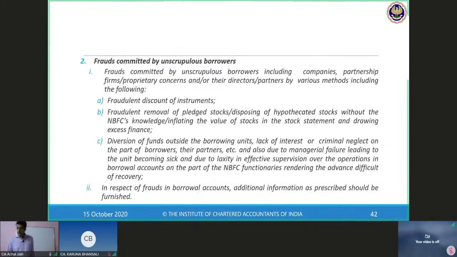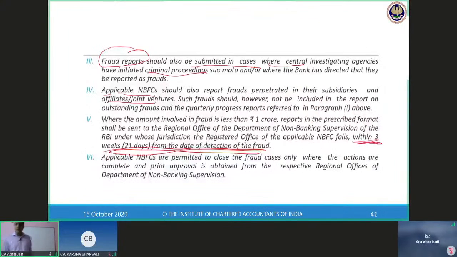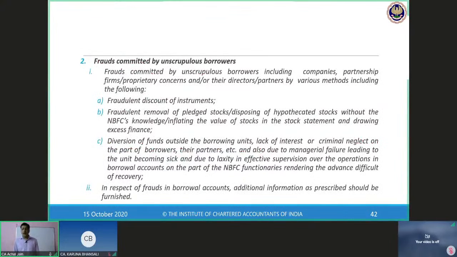Another category. In the first category, we discussed frauds involving rupees 1 lakh and above. Now we are talking about frauds committed by unscrupulous borrowers, including companies, partnership firms, proprietary concerns, and or their directors, partners, by various methods, including the following.